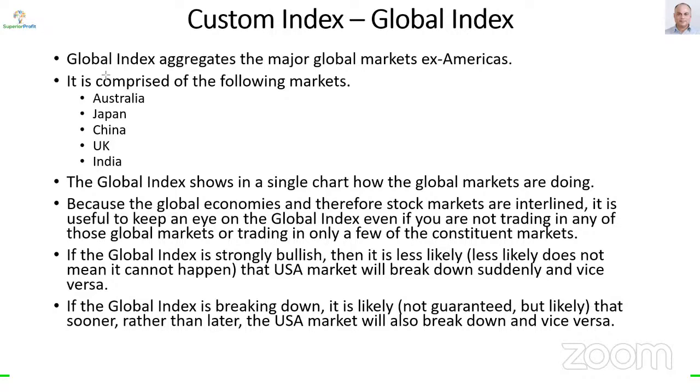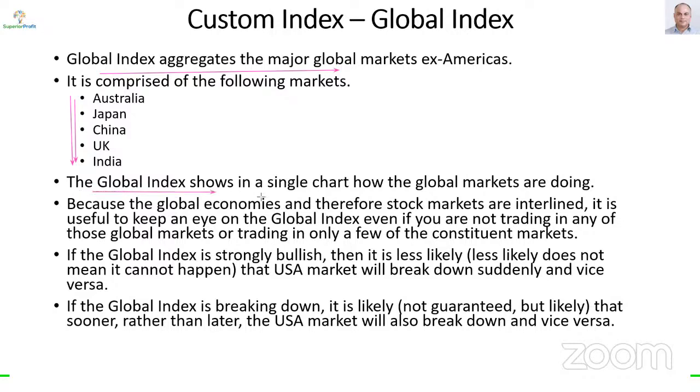We may study different countries' market index, or not. I will not say or, in a way, because we are not going to go through all the market indices, not required. We could study the global index using the custom index, Q Global index. It is comprised of Australia, Japan, China, UK, India, Global X North America.